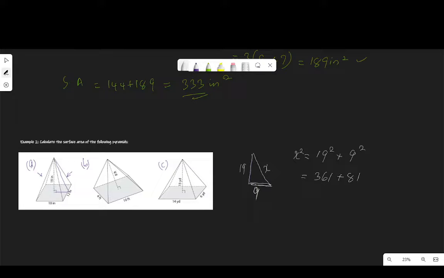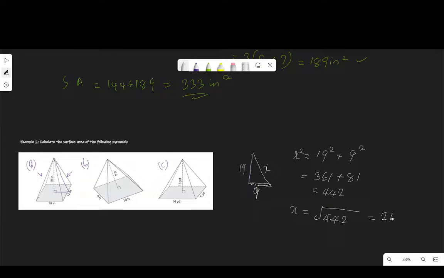Need a calculator here. I'll get one. 361 plus 81. That is 442. So x squared is 442. The square root of 442 will be 21 approximately.